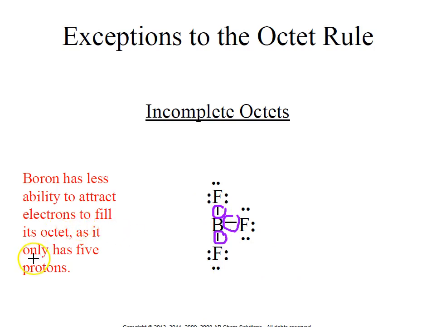And that is because boron only has 5 protons. So its ability to attract 8 electrons to itself in bonds is very unlikely. Instead, it's just going to have 6 electrons around it.